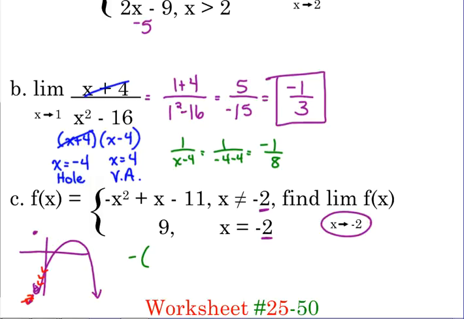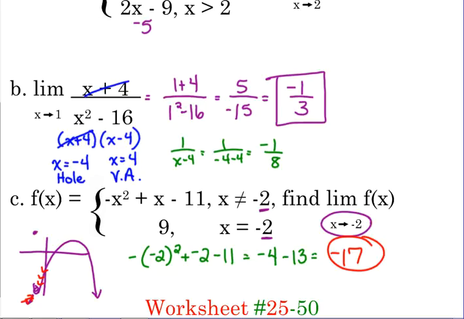So let's do that. We've got negative 2 squared plus negative 2 minus 11. You square the negative 2, get positive 4, but then there's a negative in front of it, so it ends up being negative 4 minus 13. So this limit is negative 17. That's the limit of this function as we approach negative 2.